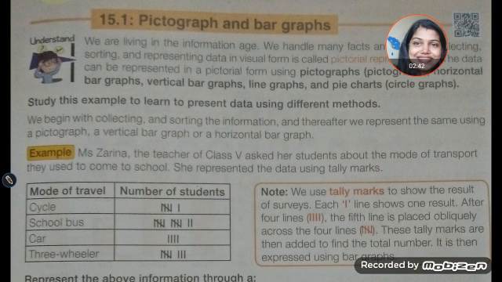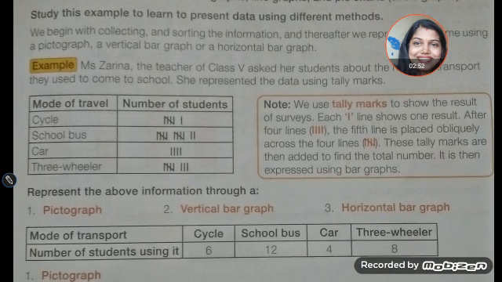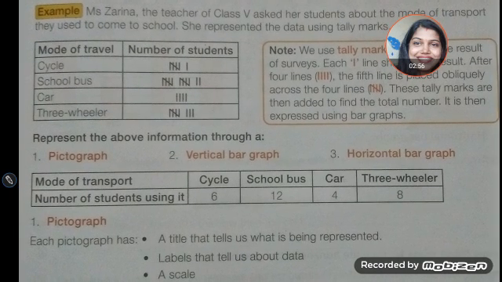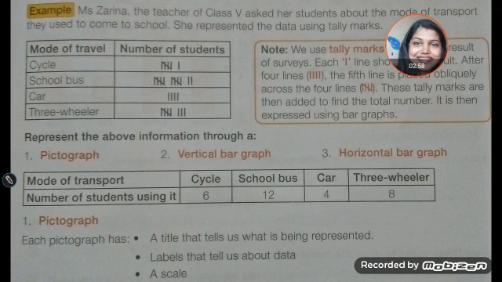So here Zarina got important responses from the students of her class about the mode of transport, and she has prepared a table. If you just see the tabular column here, she now has three options to represent the data: pictograph, vertical bar graph, and horizontal bar graph.